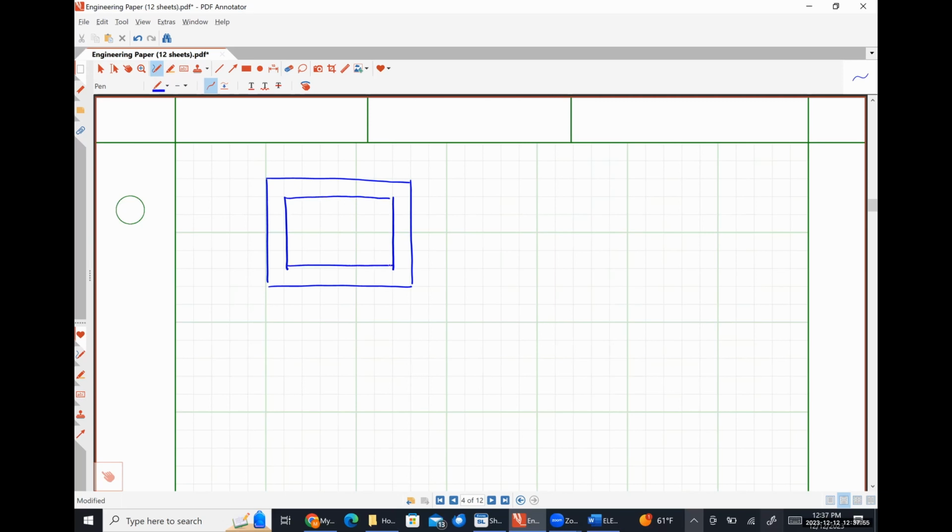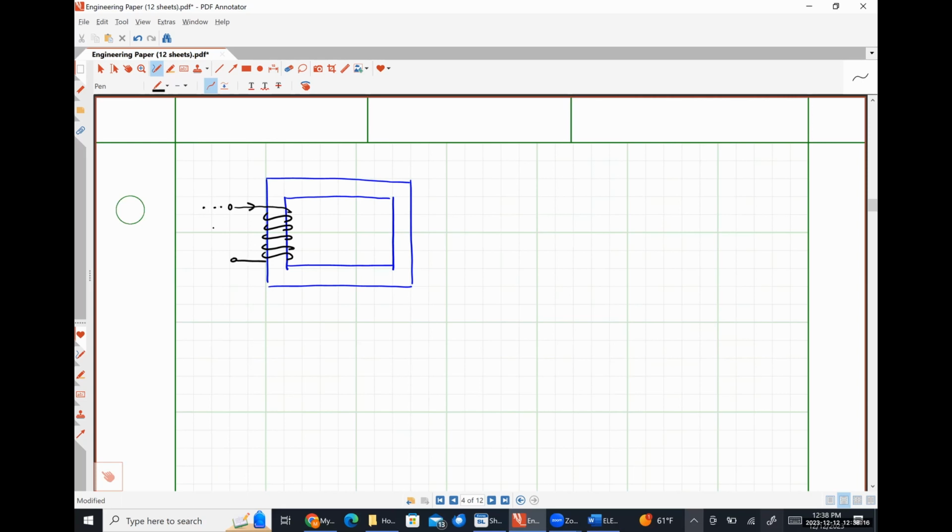So here's our core material. We just have a simple rectangular core. Now I'm going to wrap a wire around this. Because we're dealing with more than one coil, we're going to have to pay attention to the directions of the windings here.